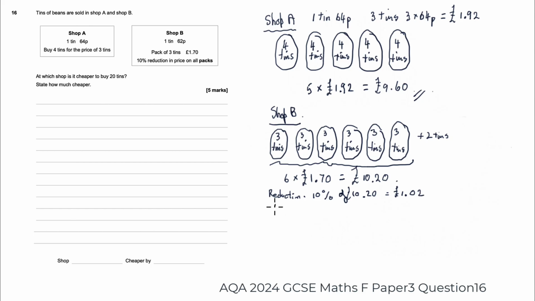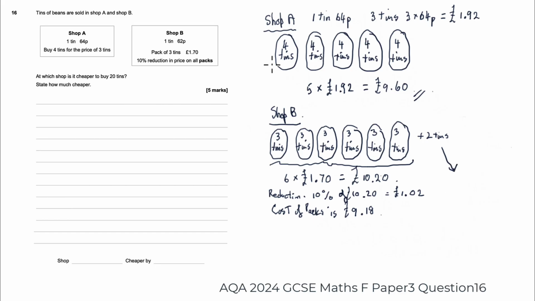So the total cost of the packs is £10.20 minus £1.02. Well, that'll give us £9.18. You can do that in the calculator too. However, we have 2 tins.